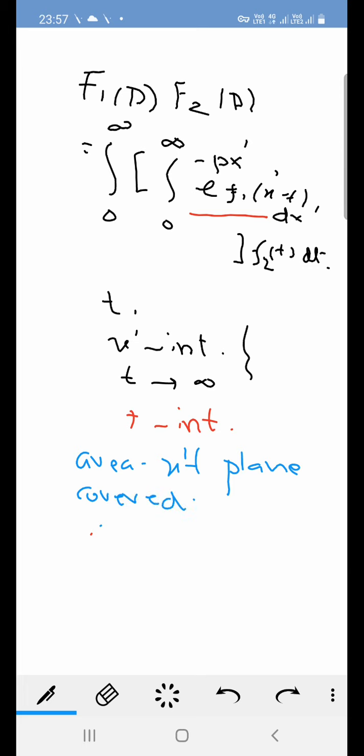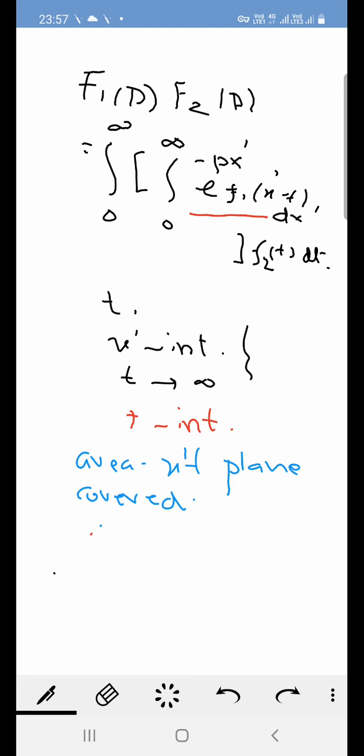And this plane lies on the right hand side of x dash equal to t.